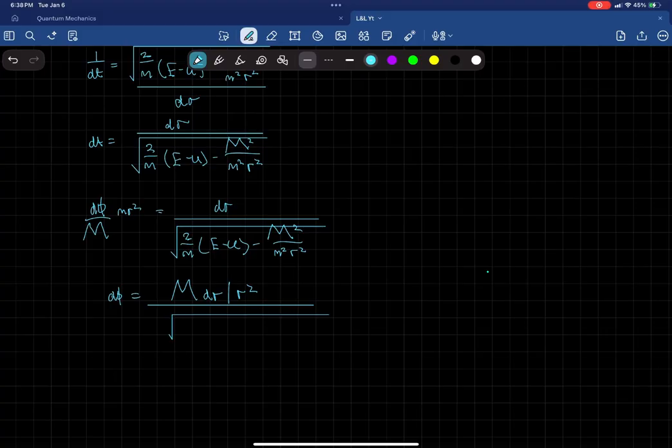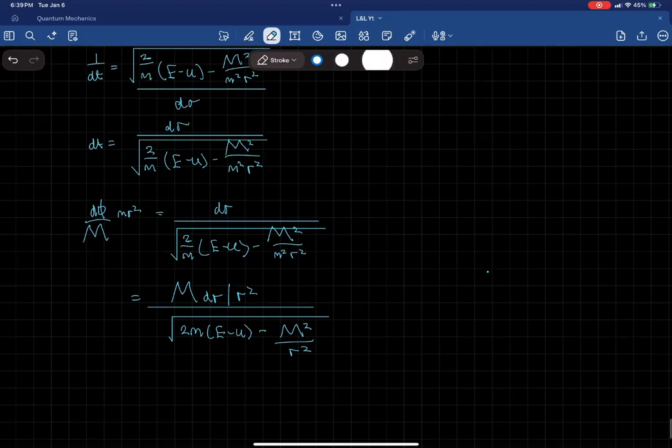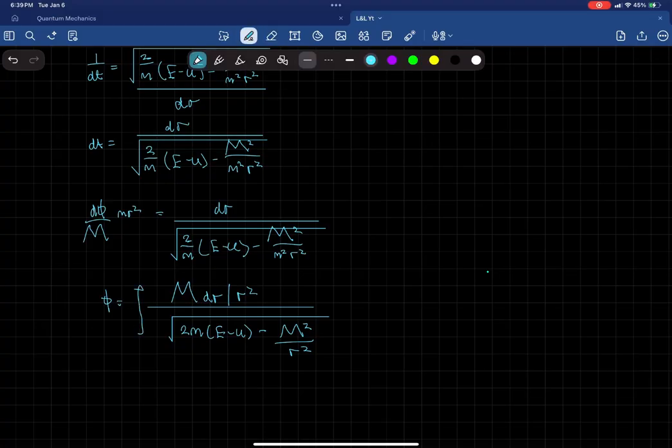So I would get 2 over m and my m squared coming from here, which would give me 2m, E minus U minus M squared over r squared. And thus my phi would be equal to the integral of this plus some constant.